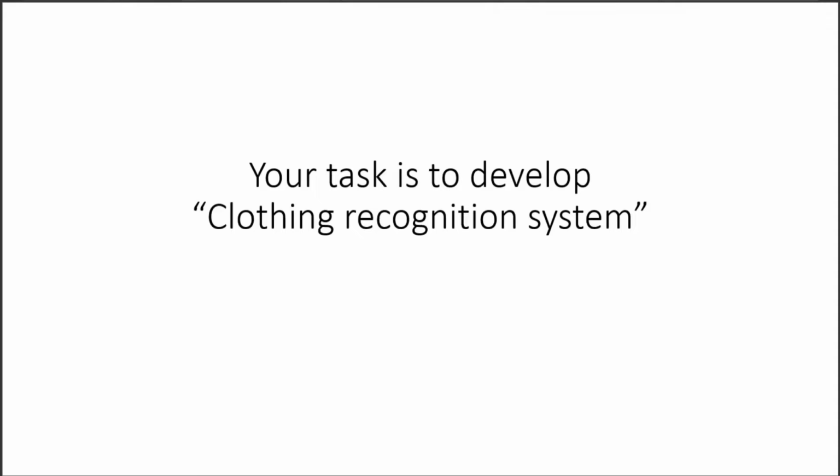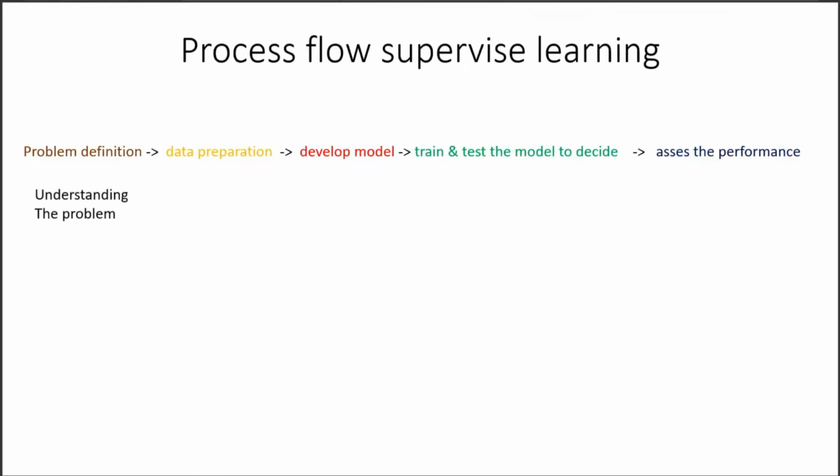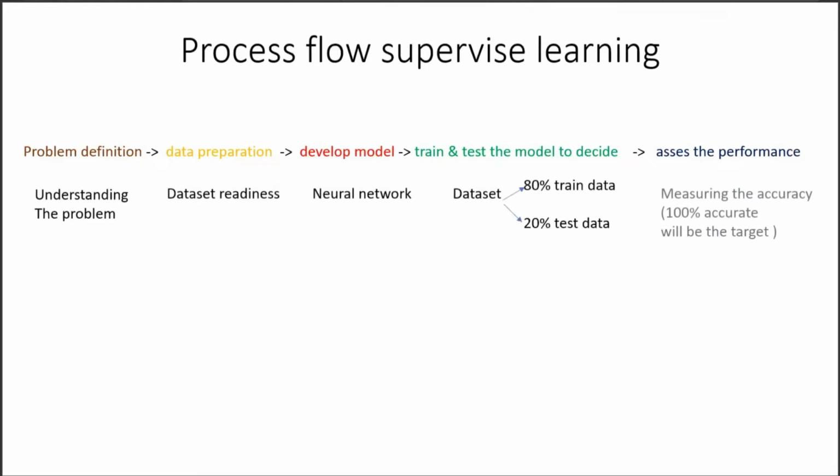In this case, the clothing recognition system is basically to recognize clothing. Given a picture of a t-shirt, the system can predict this is a t-shirt. Given trousers, the system is able to say this is trousers, and so on. So this is the task we're going to develop. As usual, these are the steps: understanding the problem.